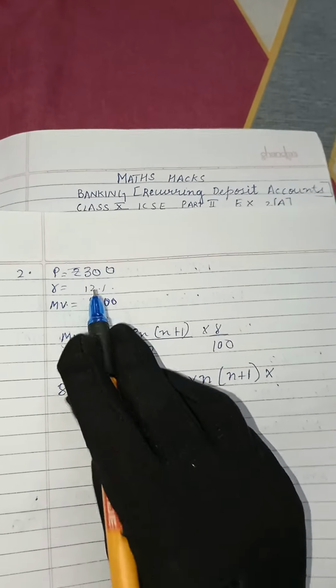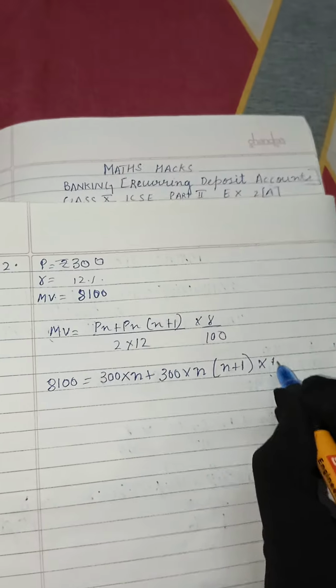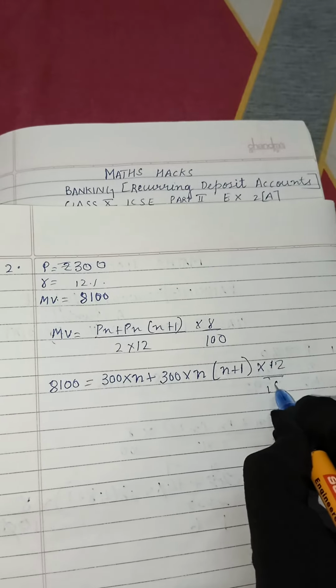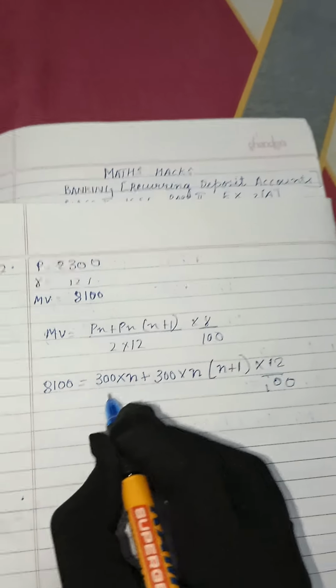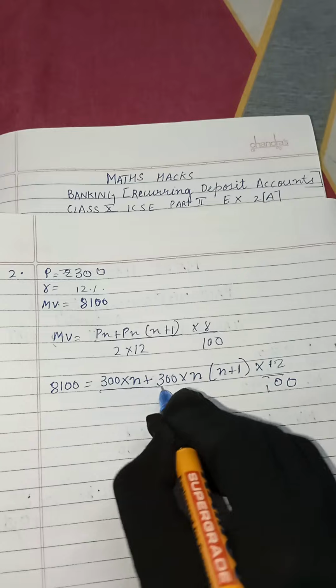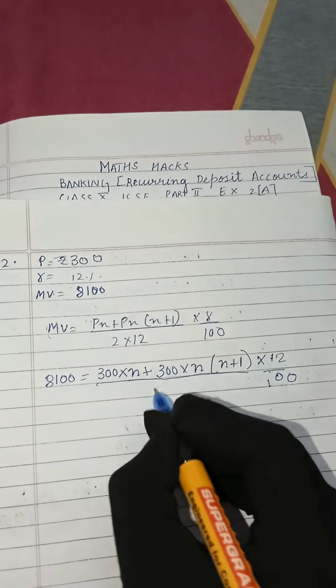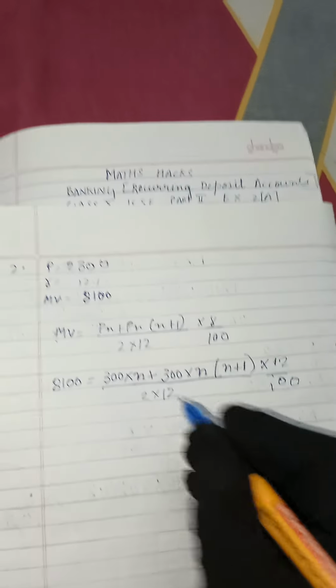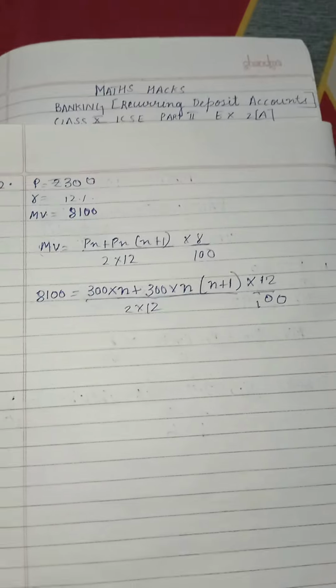Rate is how much? 12%. So 12 by 100, here 2 into 12.